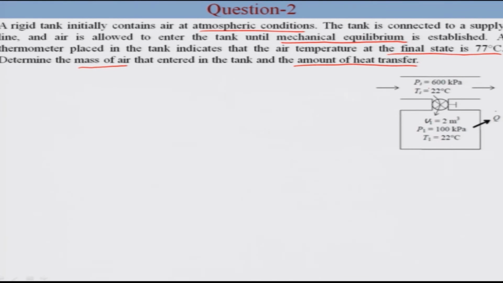So this is the sketch of the problem, and here we assume the tank as the system, which is a control volume since mass is crossing the boundary, and here we need to find the amount of mass that has entered the tank and total heat coming out of the system.